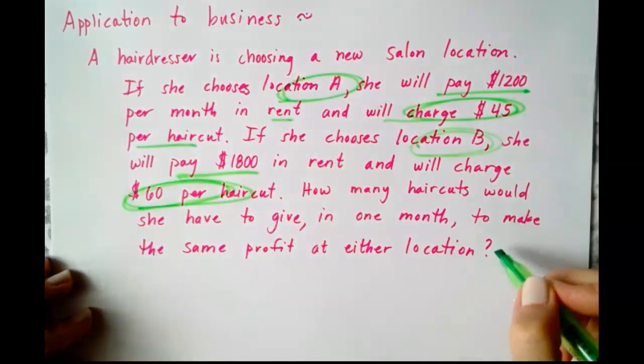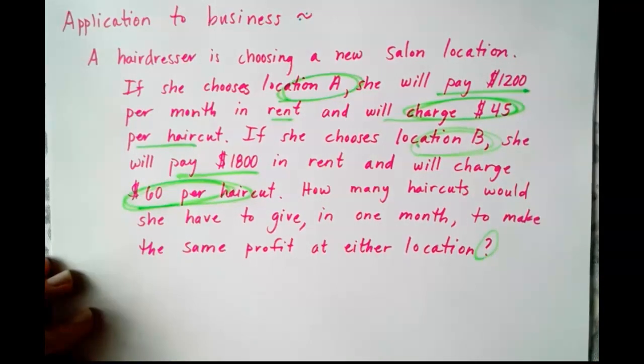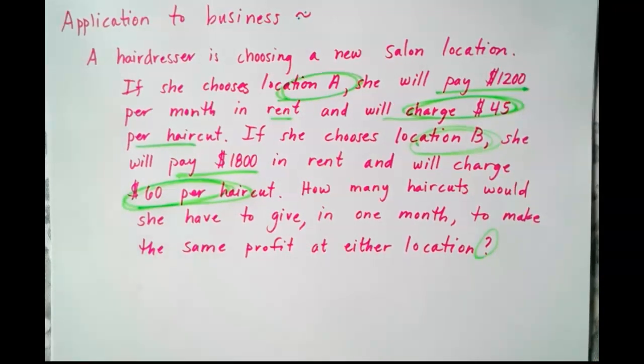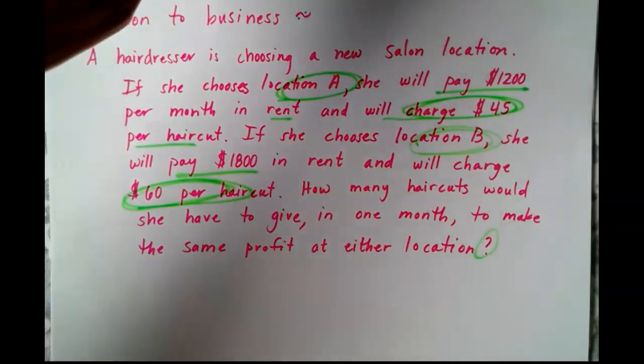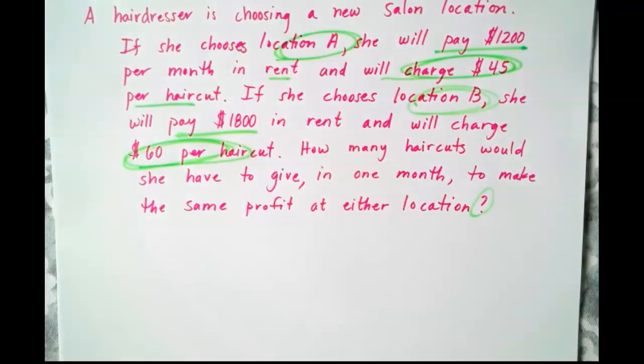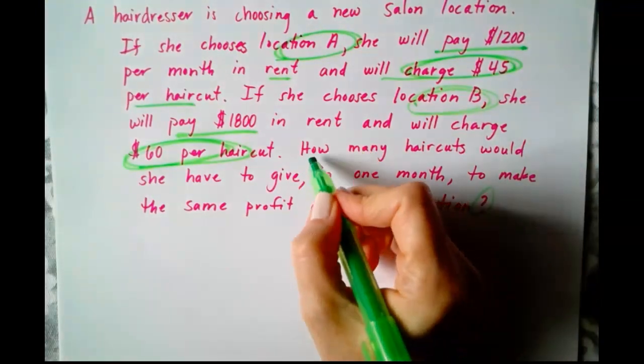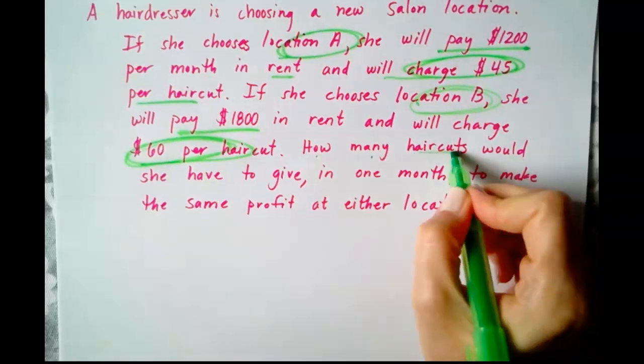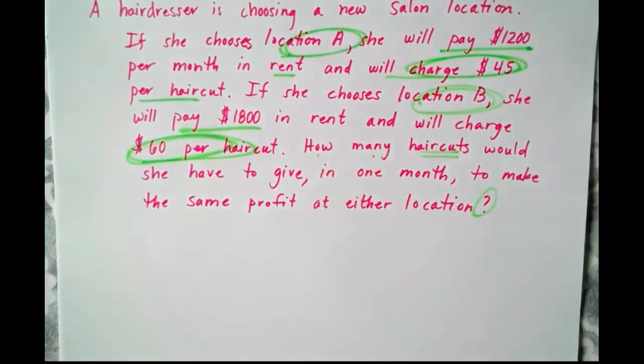Now here comes the question, and we're always looking for the question mark, because the question helps us to define the variable. And we want to define the variable here in order to write an equation. So how many haircuts would she have to give in 1 month? That's our variable.